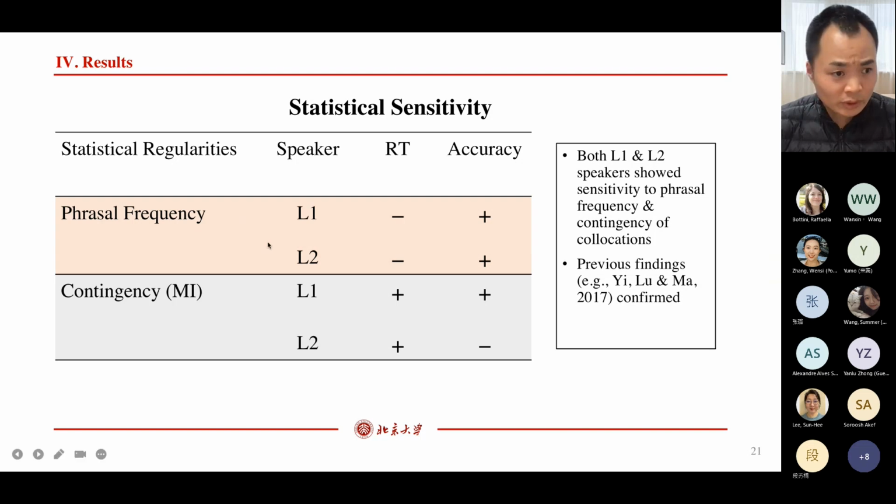As we can see from this table, both L1 and L2 speakers show statistical sensitivities to phrase frequency and contingency while processing English collocations online during this phrasal acceptability judgment task. Such results are quite similar if you run the models using reaction time data or accuracy data.